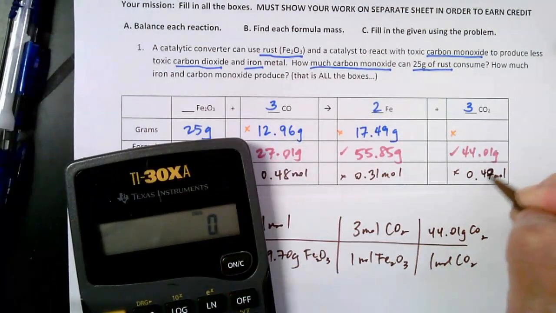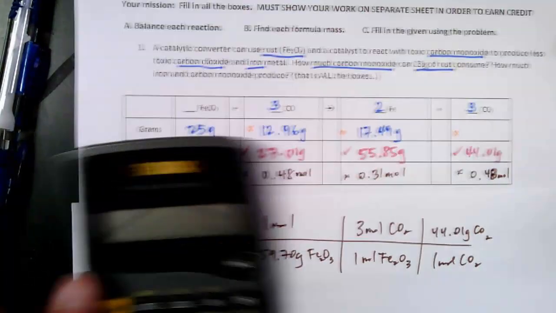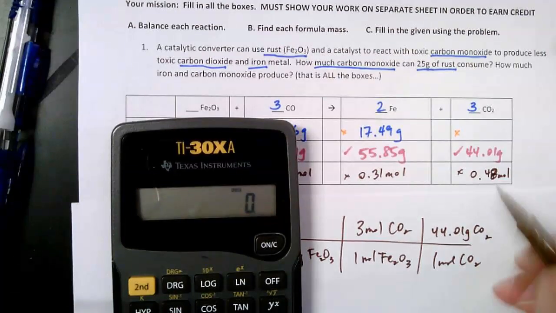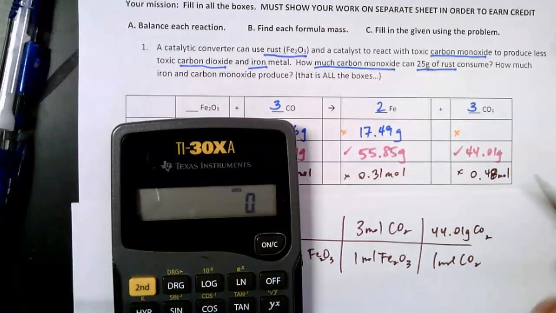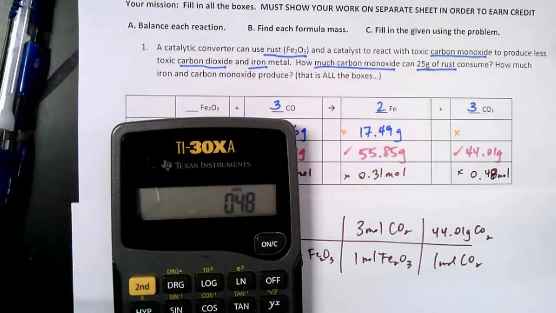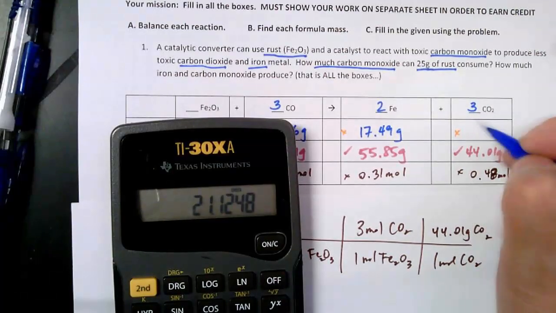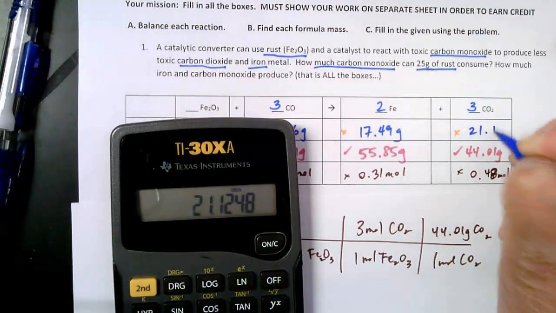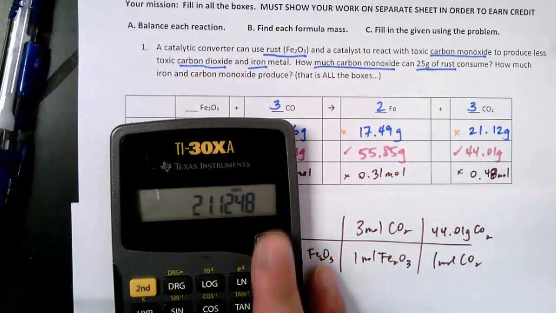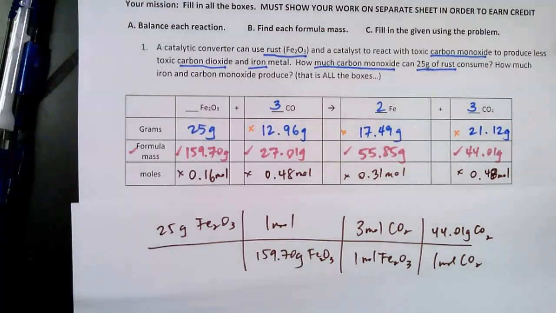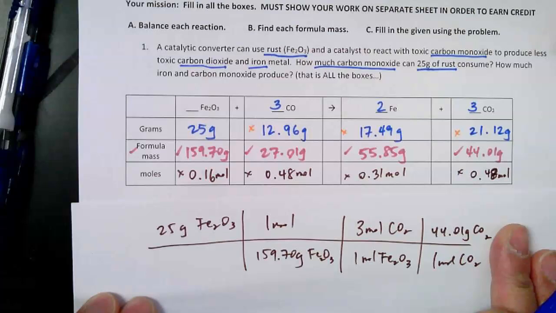So actually, we'll just make this the same because I took the rounded. So that's this answer. So again, going from here all the way to here. And then I just take the 0.48 moles times 44.01, which will give me my grams of carbon dioxide, which will be 21.12 grams.